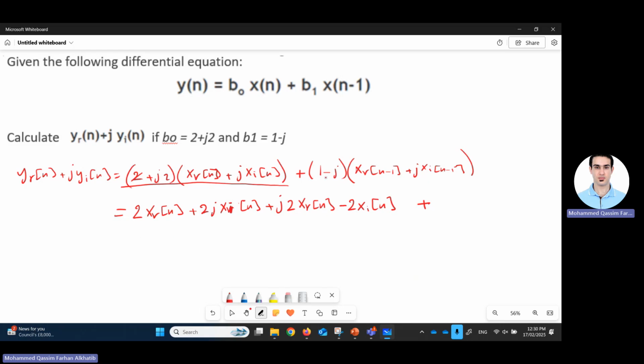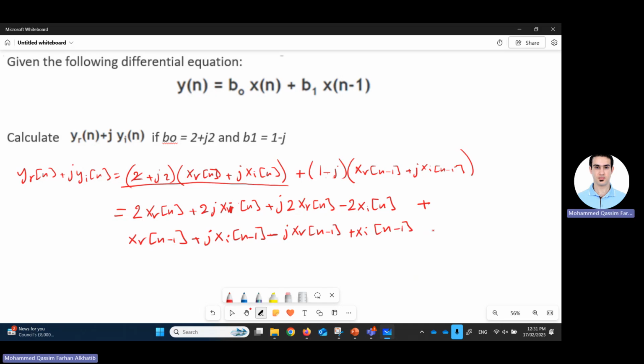So I have 1 times this value, which is the same: x real of n minus 1 plus j x imaginary of n minus 1. Then I'll have minus j x real of n minus 1, minus j times j x imaginary of n minus 1, negative times negative, so it's going to be plus x imaginary of n minus 1.